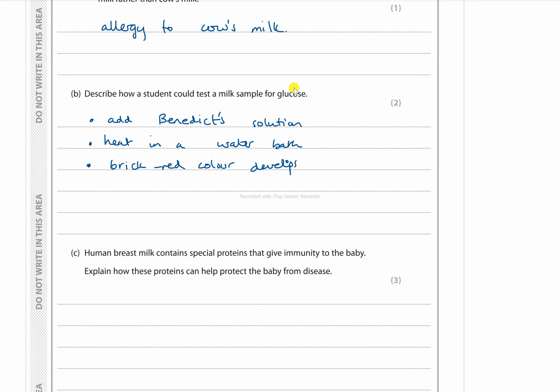What they've also got in the mark scheme, it can turn green, yellow, orange. I always stick to brick red. I've seen that in many mark schemes.